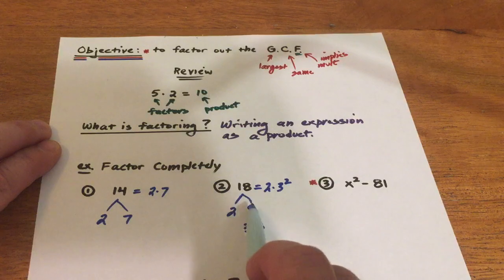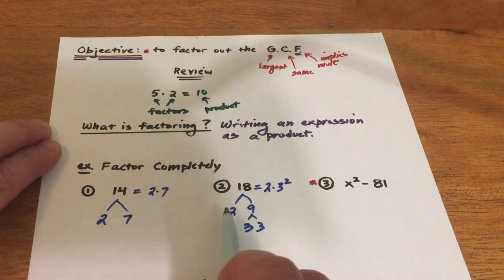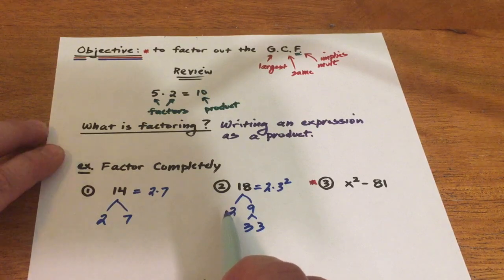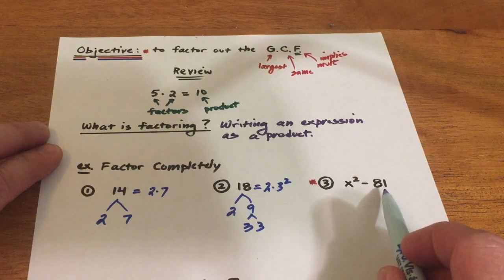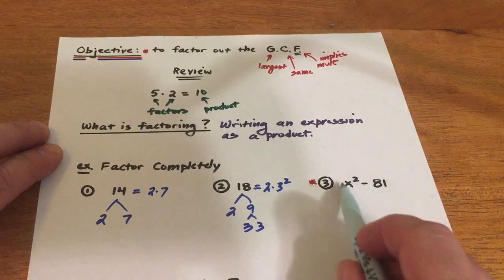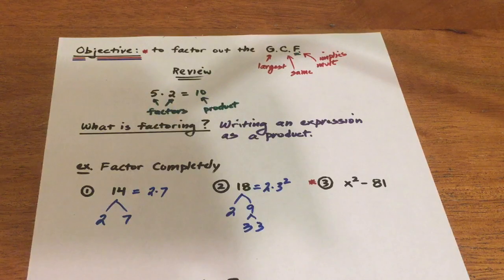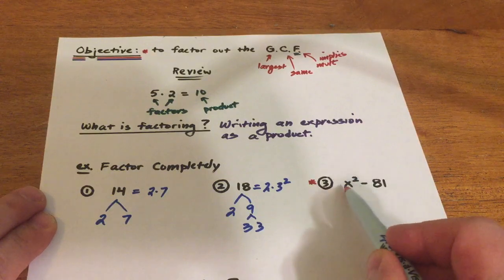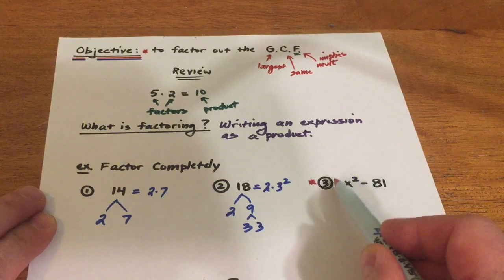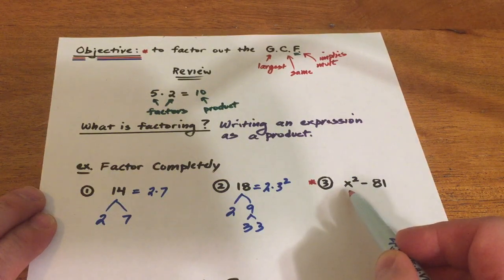Now, these are old types of problems that you're used to. In algebra, however, we're going to take a look at something that I think is far more interesting. How do you factor something like x squared minus 81? What does this even mean? Well, hopefully from your background in algebra, you have realized that if you have a polynomial, and you know what a polynomial is, you can look that up too if you forgot.